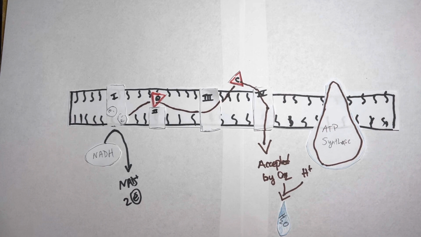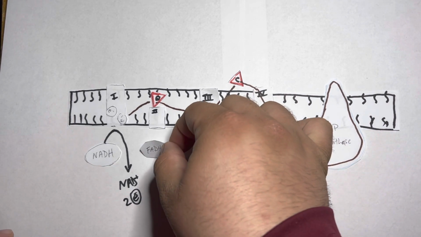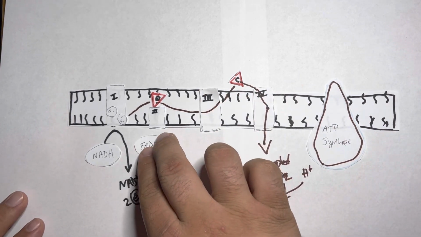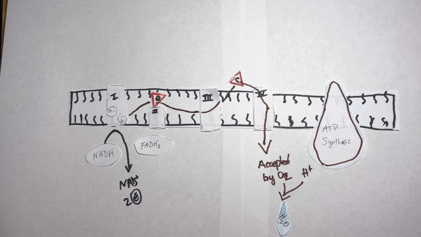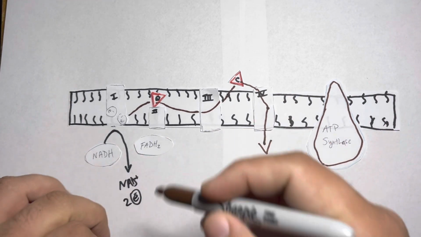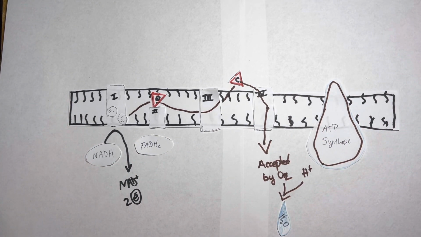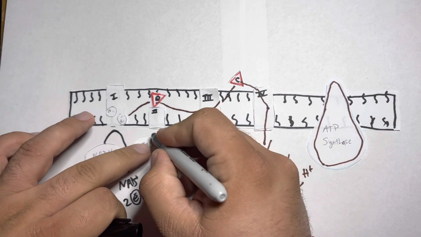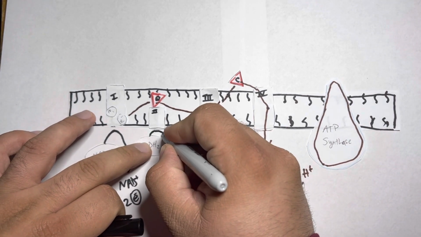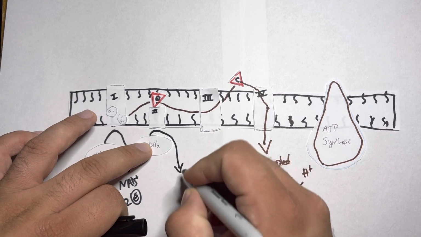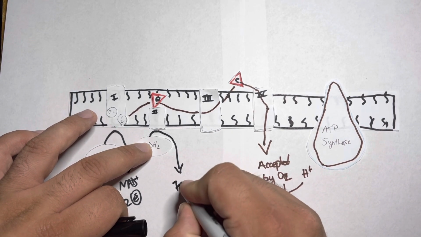Now, we also have a similar process that happens with FADH2. FADH2 happens in the second complex. And that too is going to pass through the second complex, and it's going to be oxidized to FAD+.